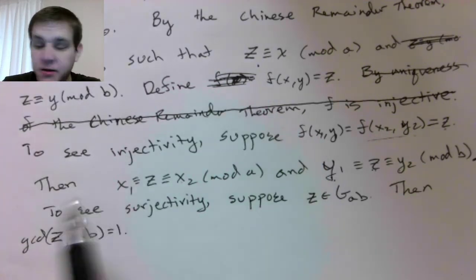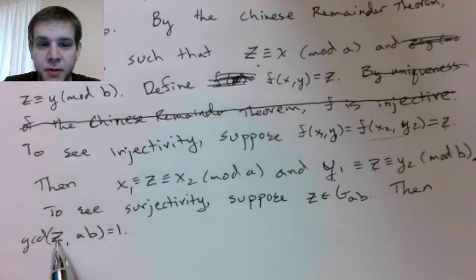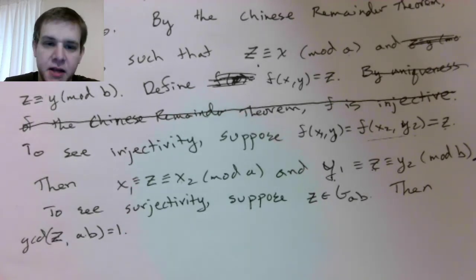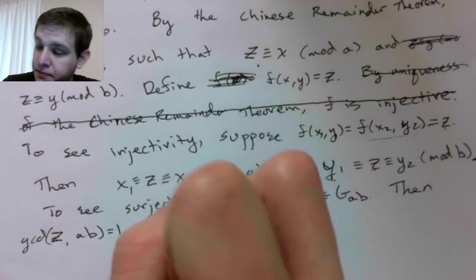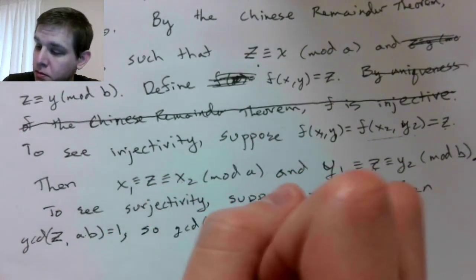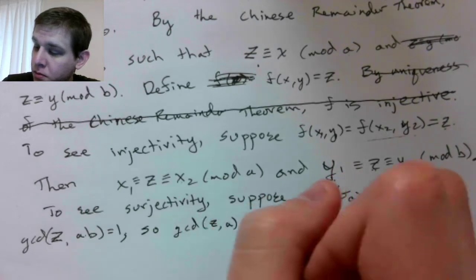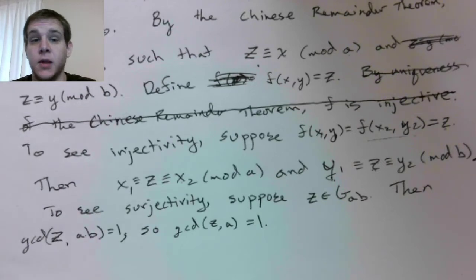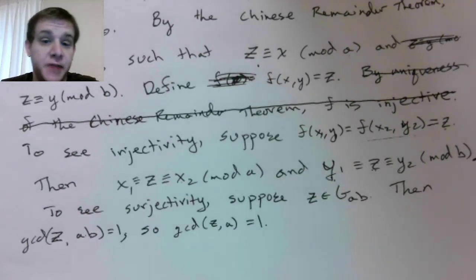But by the prime factorization theorem, that means that all of the primes that appear in z don't appear in either A or B. Which means that, in short, the GCD of z and A is also 1. So now what do I want to do? I want to divide z by A to get the residue modulo A.